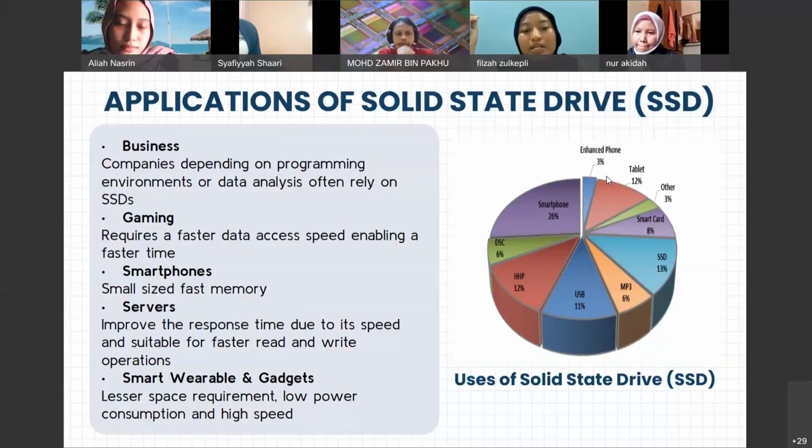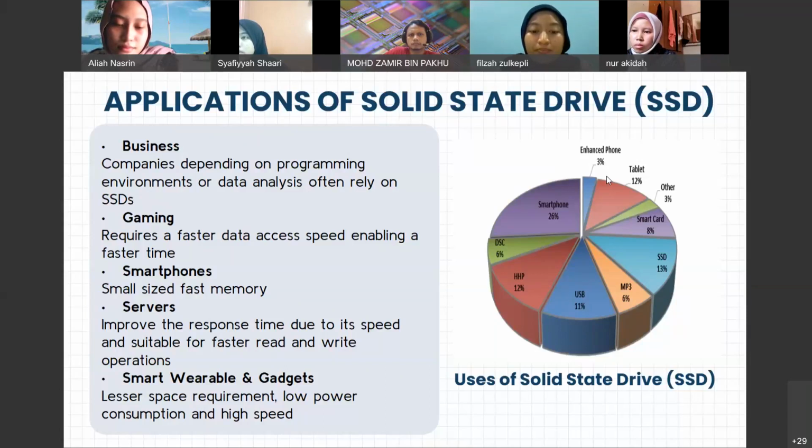And then the next one is server. SSD can improve the server's response time due to its speed, both for faster read and write operations. And the last one is smart wearables and gadgets. The space requirement, power consumption, and high speed make it an integral part of smart wearables and gadgets.